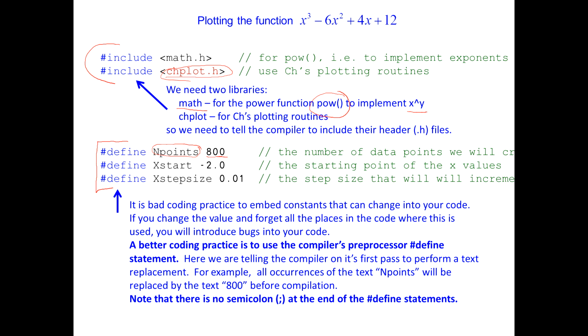If we want to change it, we just change it here, and we don't have to go searching through our code to find that location. Notice that there's no semicolon at the end of the define statements. Every statement has to end with a semicolon, but not define statements.